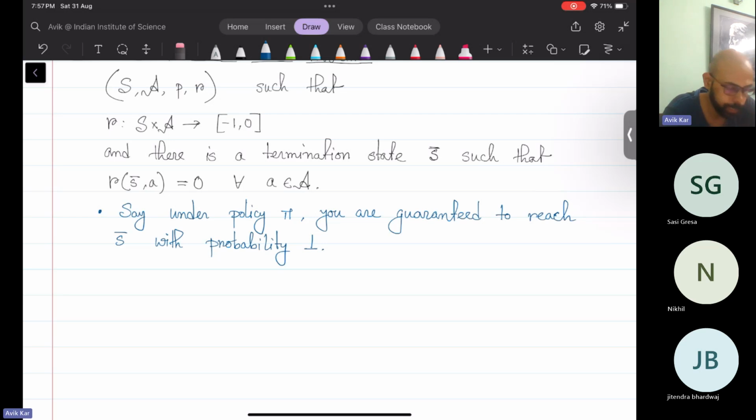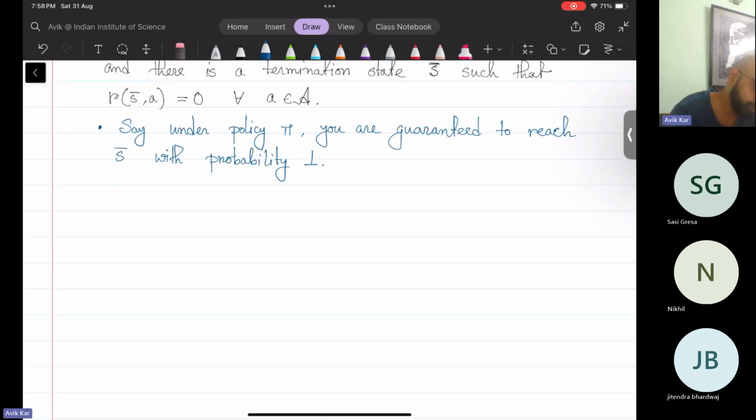And say the time when you hit this state s bar is H, which is the random variable of the horizon. Actually, if you think carefully, it says that if you hit the termination state s bar, your process terminates then and there, because after that there is no point in making a choice of actions, because every action is the same from there on. This is a mathematical way of formulating a finite horizon problem in an infinite horizon setup.